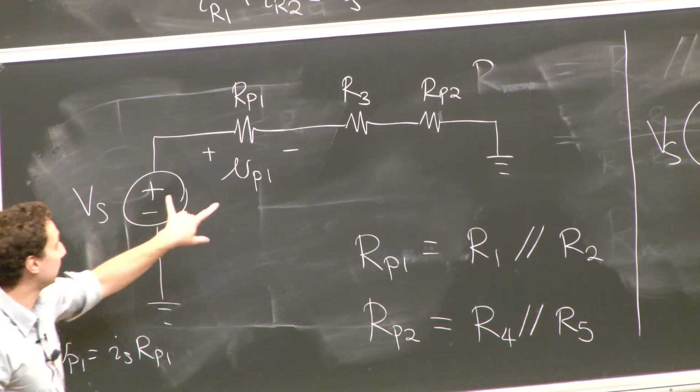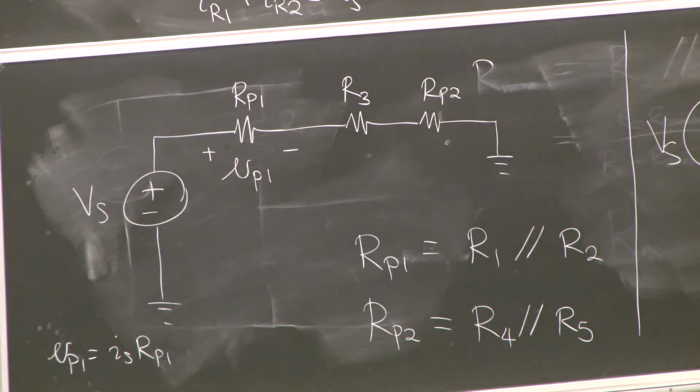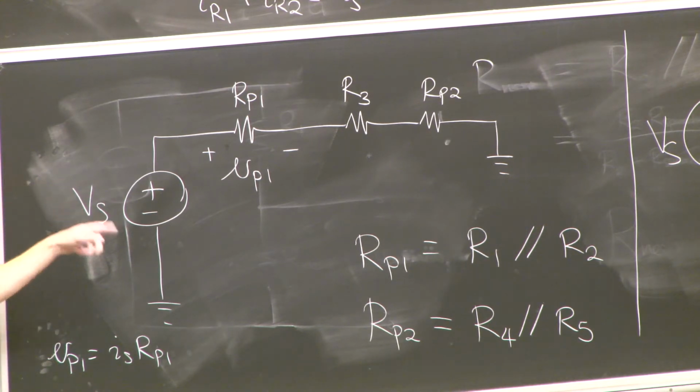Vs needs to be split between these three resistors. So instead of calculating the current times the parallel resistance for each one of these, I can just apply the voltage divider formula. Okay? Is that clear? So you can do it either way you want. It doesn't matter. It's all equivalent. It's all the same.